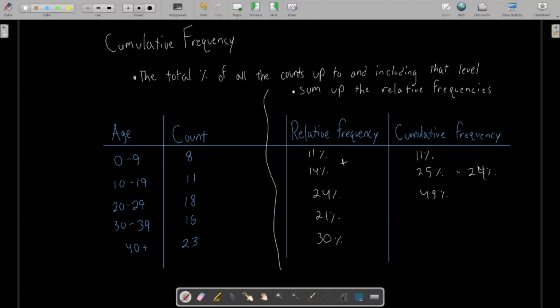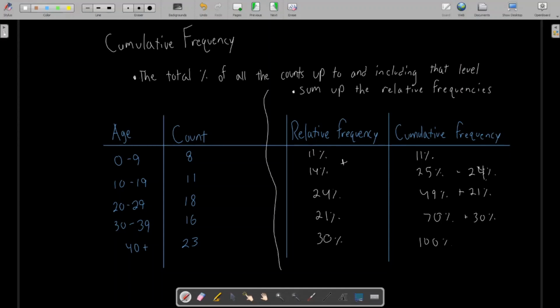Then we can repeat that for the fourth group, 49 plus 21% gets us up to 70%. And then lastly, add up 30% for the final group, and that will get us to 100%.